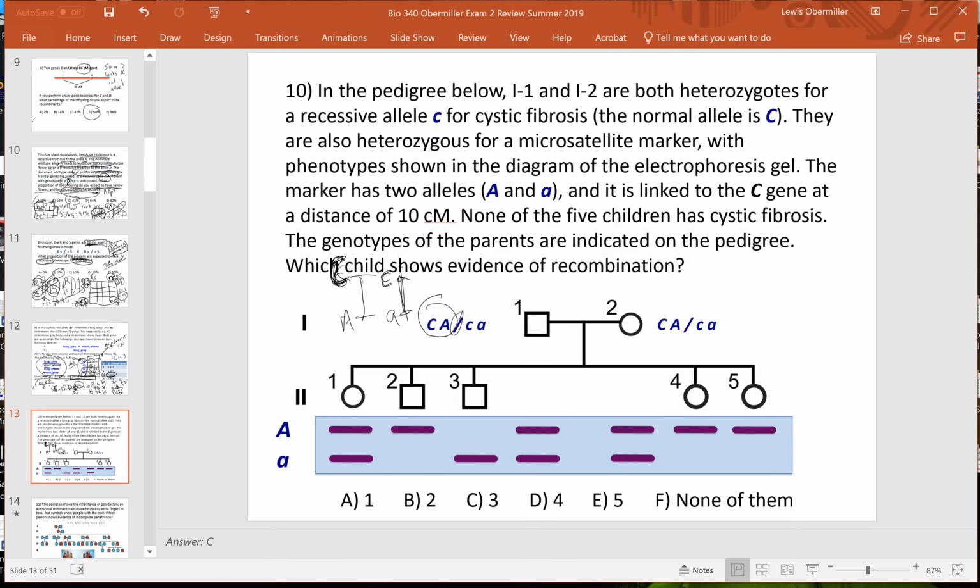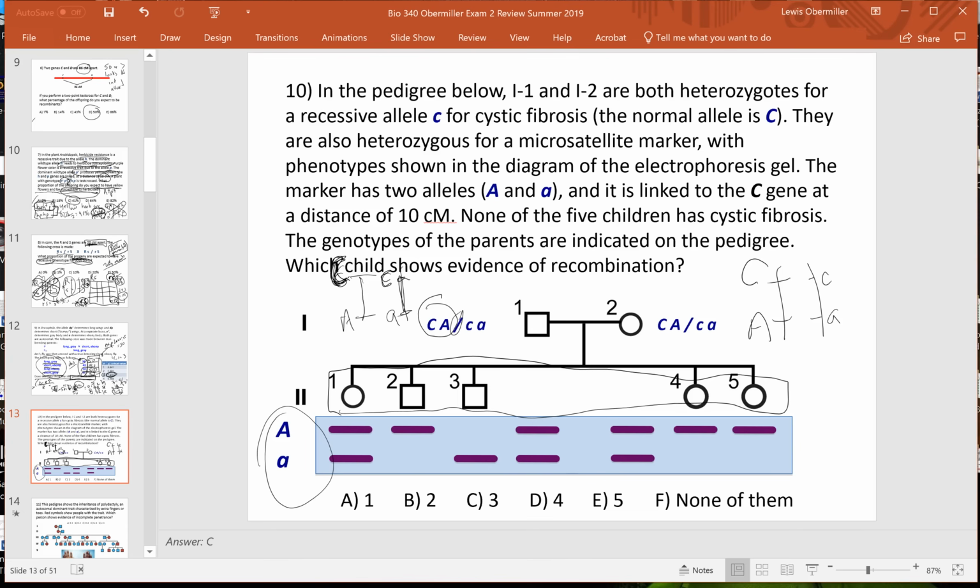All right. This one is big C, big A, little c, little a. So if these parents have all these kids, we're looking for the markers for big A and little a, right?